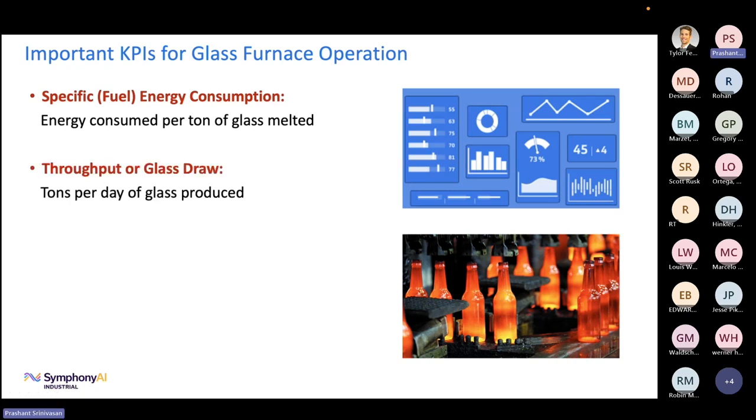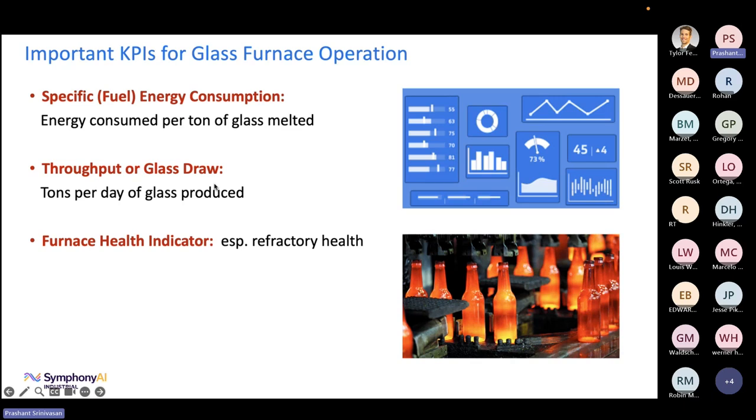The second one is the throughput or the glass draw, which is the tons per day of glass produced. And this is obviously important in terms of the production from the furnace, because you want to achieve certain production targets and maximize the throughput from a given furnace design. So this is obviously important.